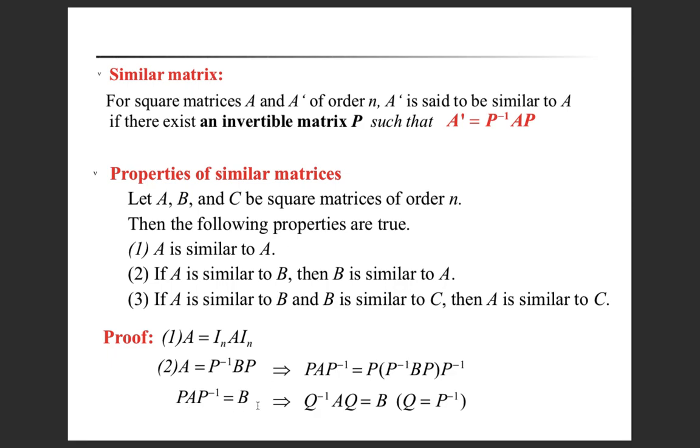So P A P inverse is equal to B. This implies Q inverse A Q is equal to B, because if we substitute Q equal to P inverse, then Q inverse is equal to P. So Q inverse A Q equal to B. So if A is similar to B, then B is similar to A. We have proved it because B is equal to Q inverse A Q.